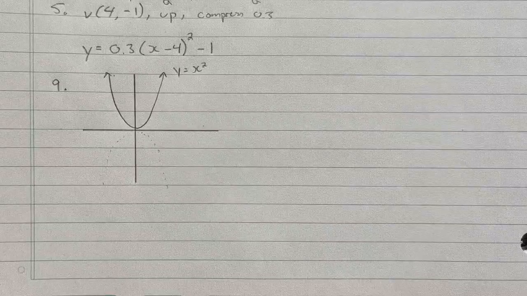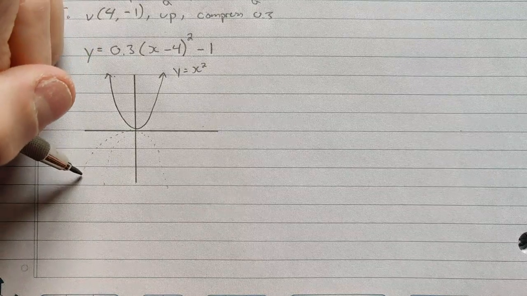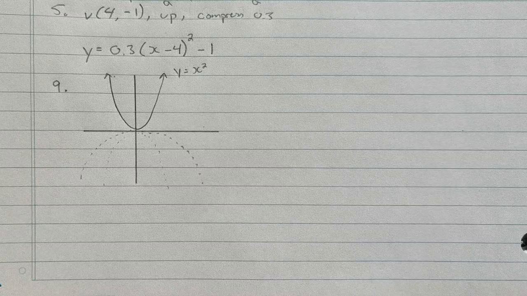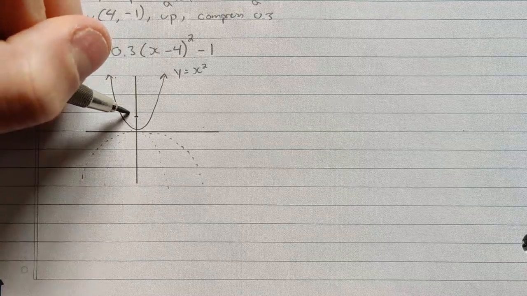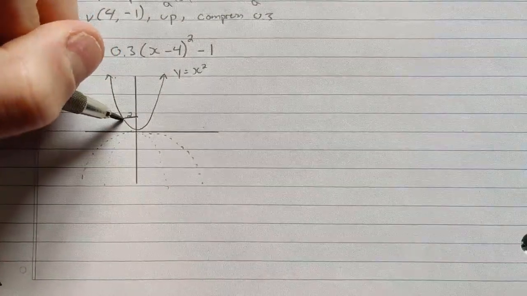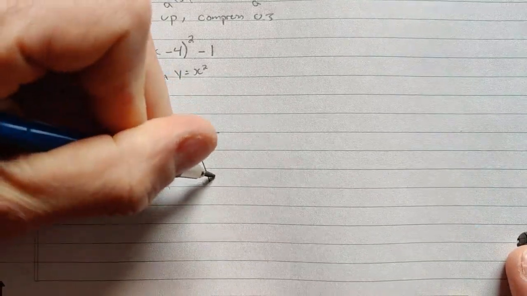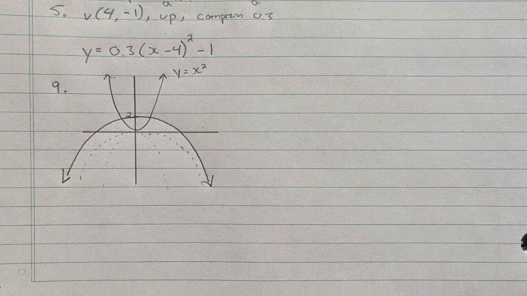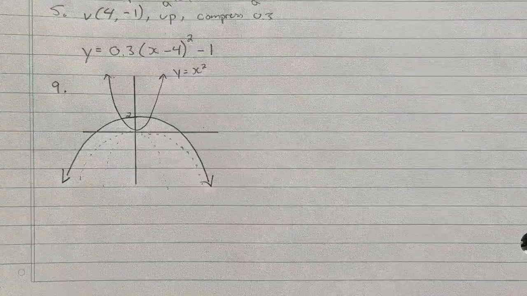So if I'm compressing it by 1/2, that means it's going to get wider, something like this maybe. And then it's translated 2 units upwards, so that means all the points move up 2, maybe up to here at 2. So I can have a graph that looks something like this. And again, we're just doing a sketch, so it doesn't have to be perfect and exact. It's just a matter of getting something that is relatively in line with showing the different transformations that we've applied.